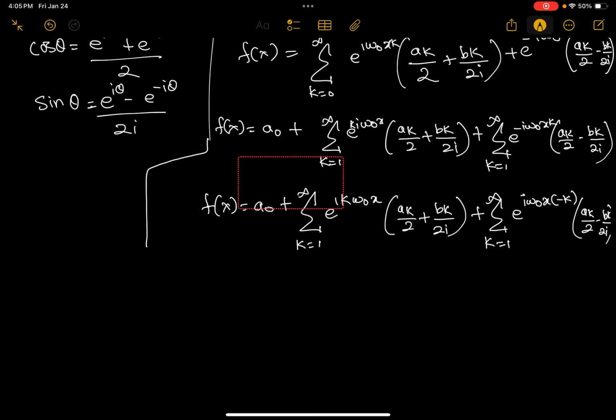Now the reason is, notice that while this k goes like 1, 2, 3 up to infinity, this minus k just becomes minus 1, minus 2, minus 3, and it goes up to negative infinity.